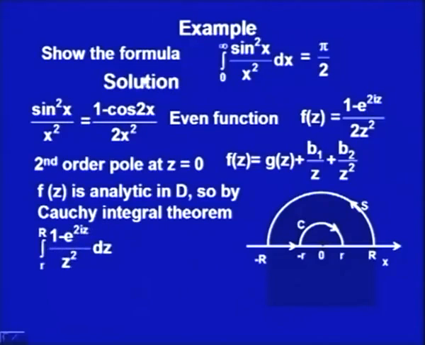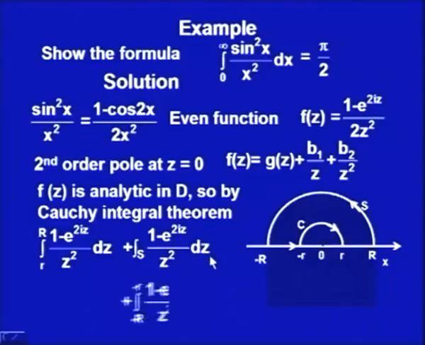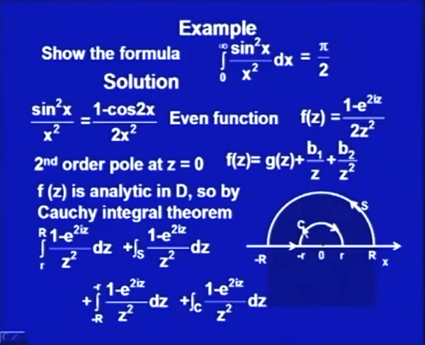So, we get the integral from r to R of 1 minus e to the power 2iz upon z square dz, plus the integral along the semicircle S of the same function, plus the integral along the real line from minus R to minus small r of 1 minus e to the power 2iz upon z square dz, plus the integral along the semicircle C, from pi to 0, of 1 minus e to the power 2iz upon z square dz.